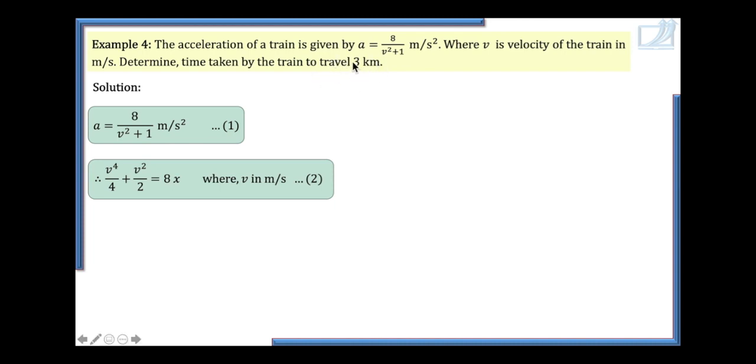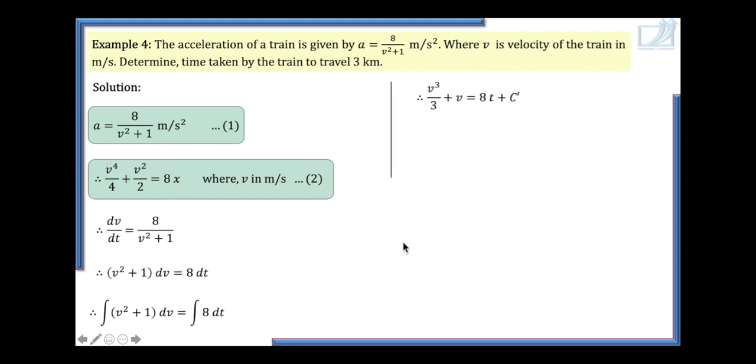Displacement is involved, so we have brought displacement into the picture by replacing acceleration by v dv by dx. And replace acceleration by dv by dt for the velocity-time relation. Separate the variables, integrate properly, simple integration it is, and you will get the velocity-time relation.